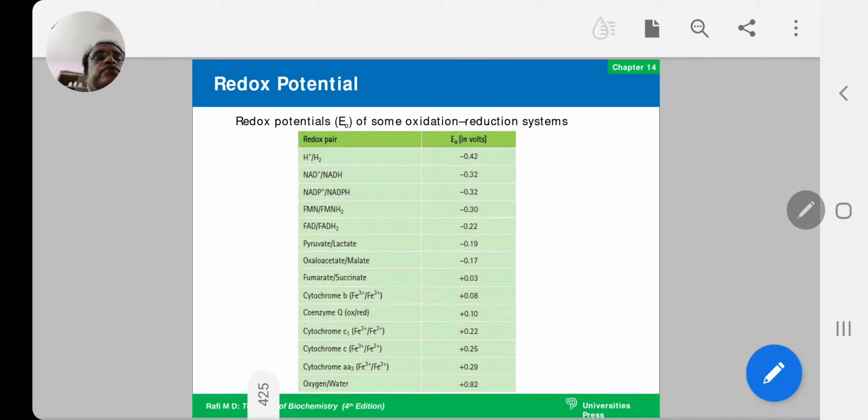So electron flow occurs from a redox pair with more negative redox potential to more positive redox potential.